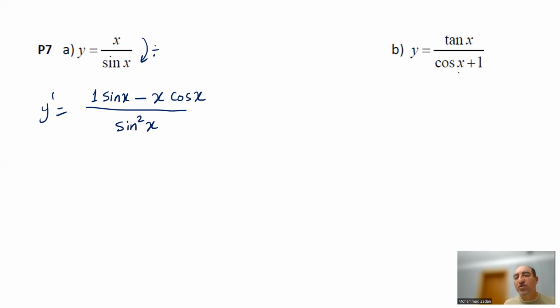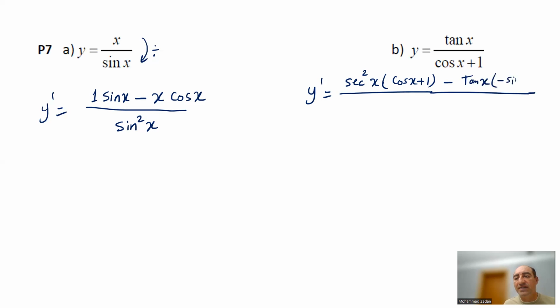y equals tan x over cosine x plus 1, so y prime, or dy by dx, is the derivative of tan, which is secant squared x, times the other function the same, cosine x plus 1, minus, now keep tan x the same, and derive cosine x plus 1, which is negative sine x, all over cosine x plus 1 all squared. Okay, so for the answer, I can multiply or just leave it, no problem.